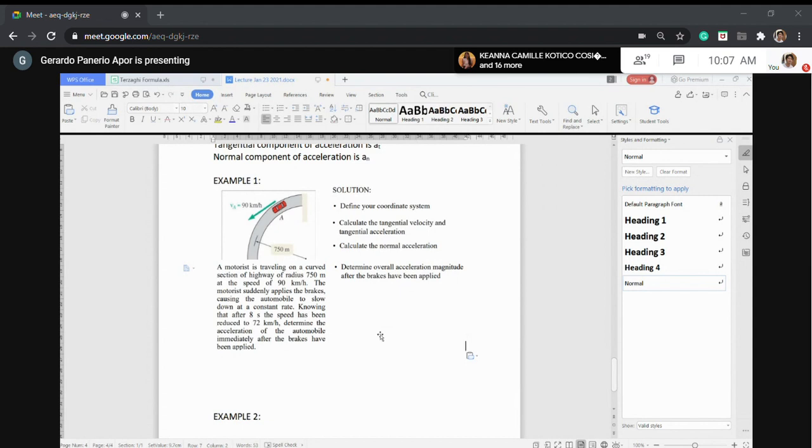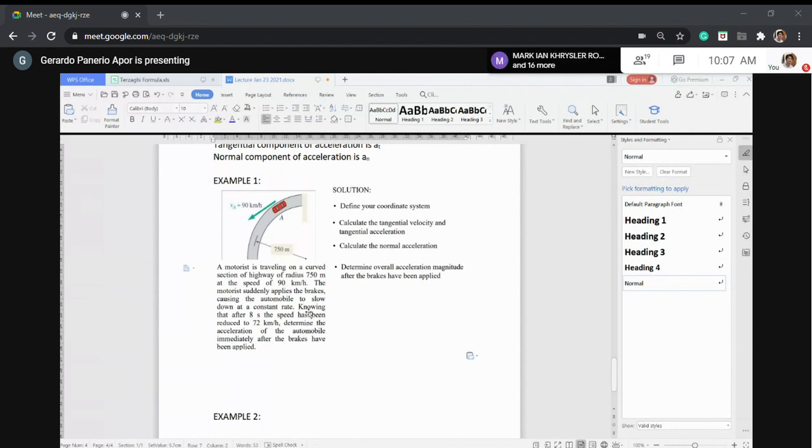Okay. So anyway, we have a problem here. We have a bird's eye view of a car traveling in this direction and entering a curved path. As the car enters, it reduces its speed to 72 kilometers per hour.